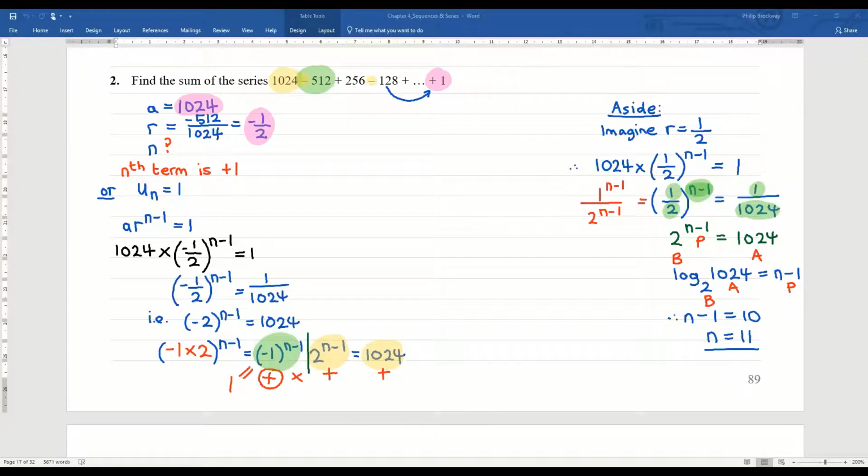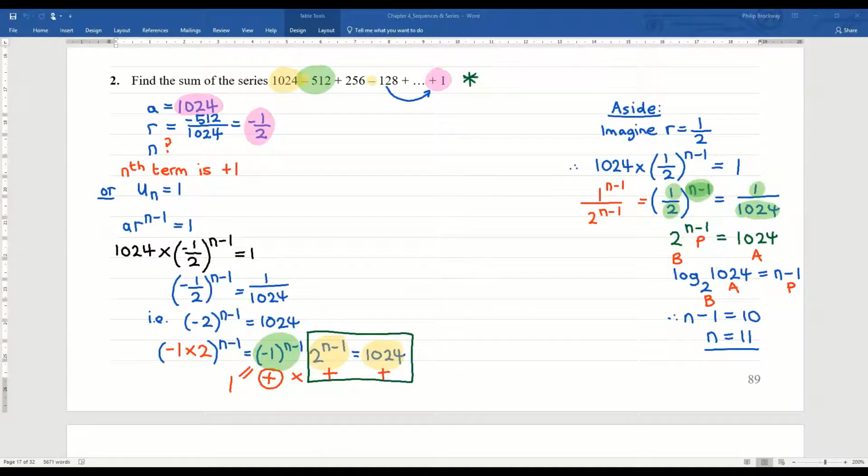We've got to solve 2^(n-1) equal to 1024, which we've already done. So you may not like that. That's just a different way of looking at it, maybe a more correct way, but even so, if you don't like either of those methods, you could just simply go back to the series up there and write them out if you're really not confident with that.